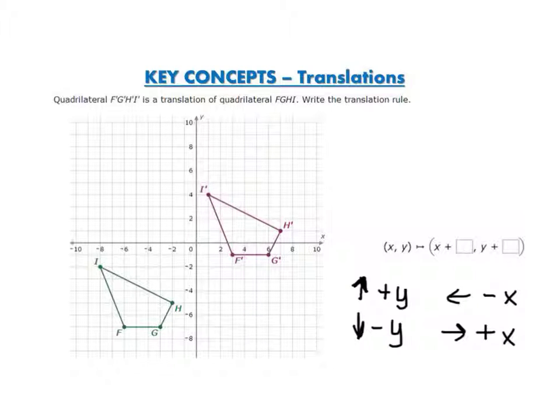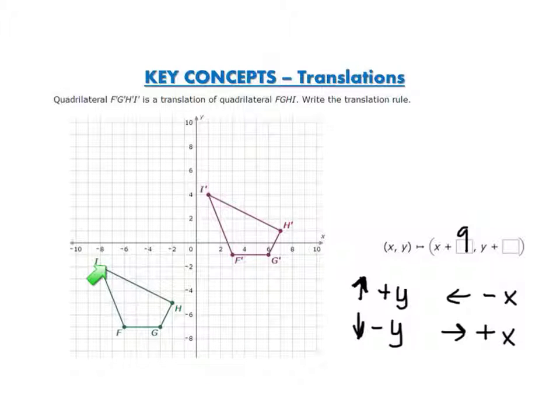I'm going to use I. I starts at -8 and goes to 1. Well, from -8 to 0 is 8, and 1 more is 9. So on my x value, I added 9. On my y value, I'm adding, and I'll start with my I again.